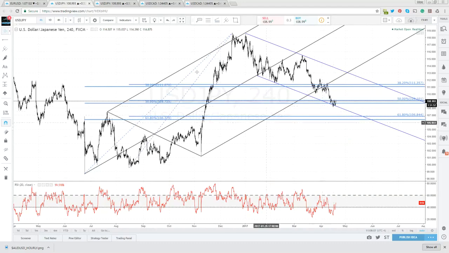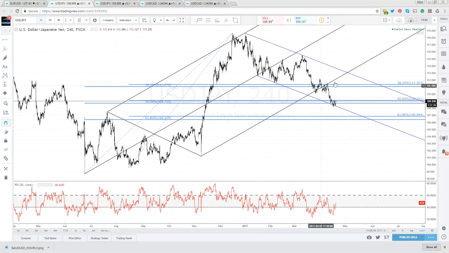Right, so I have two fibs drawn here because drawing fibs is also kind of a subjective thing. Where do you go from high to low, or from low to high in this case? This is the one from here, which is a spike, which I don't like, but I want to know where it is. And this is the one where you can actually say this is the low for this move.